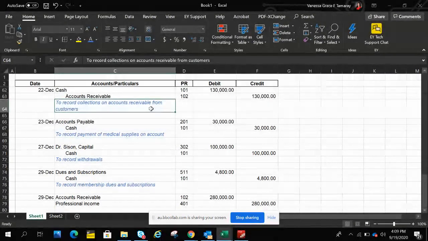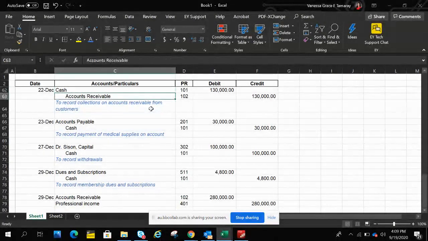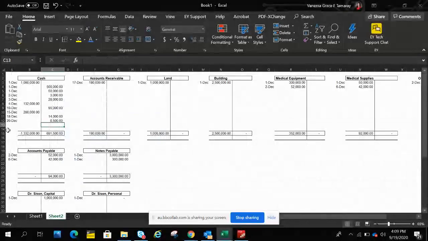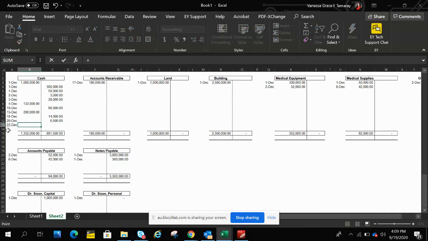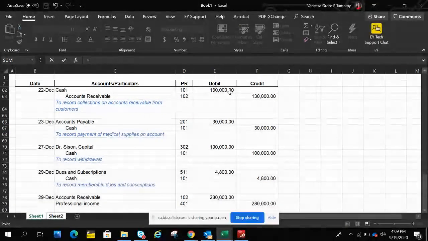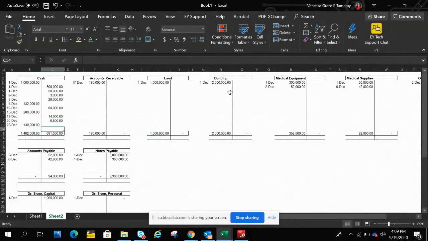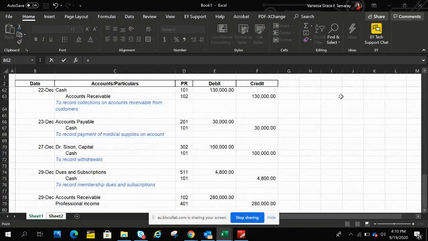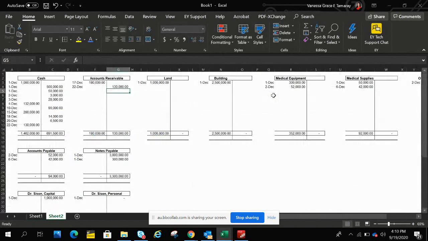Nakatanggap na tayo ng cash collection from our accounts receivable. December 22, debit cash, credit accounts receivable. Ayan.